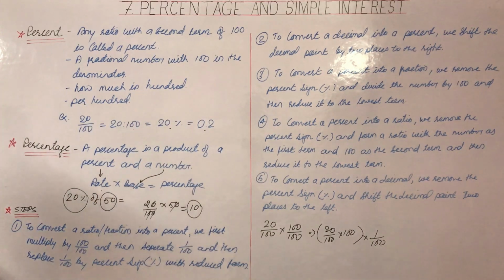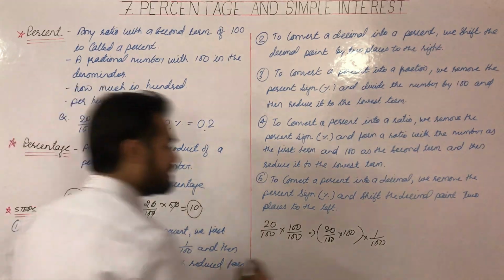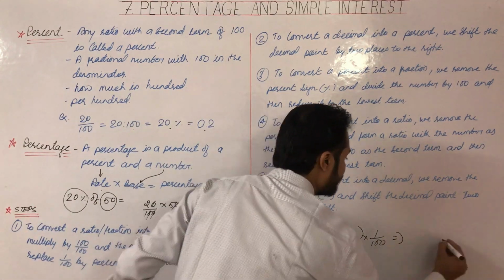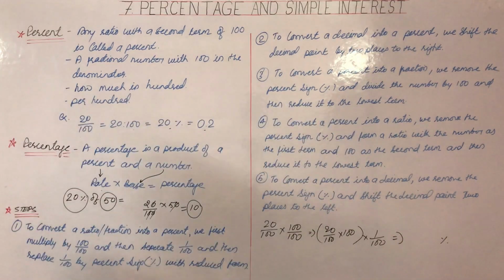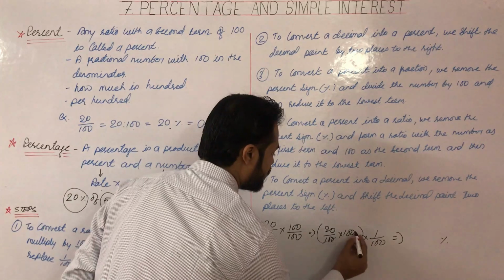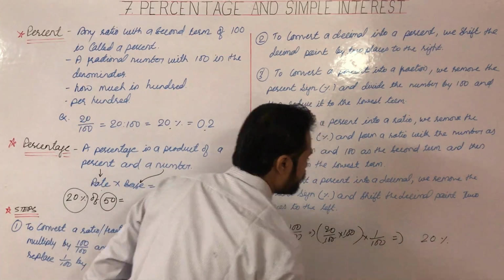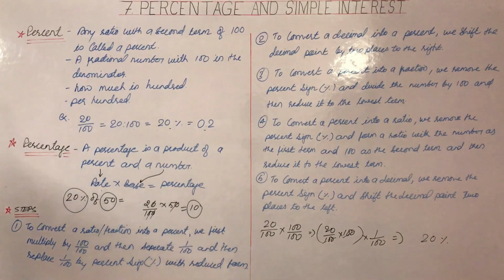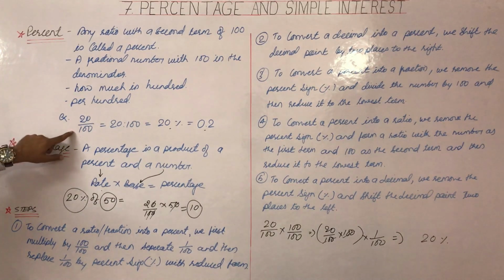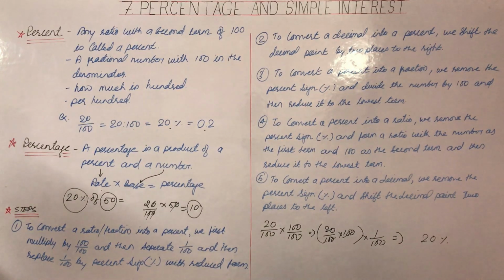And then replace 1 by 100 by the percent sign. So this 1 by 100 is now percent with reduced form. So reduced form means 100 and 100 reduce, and we get 20%. So 20% is the final answer, or the conversion of this fraction into percent.